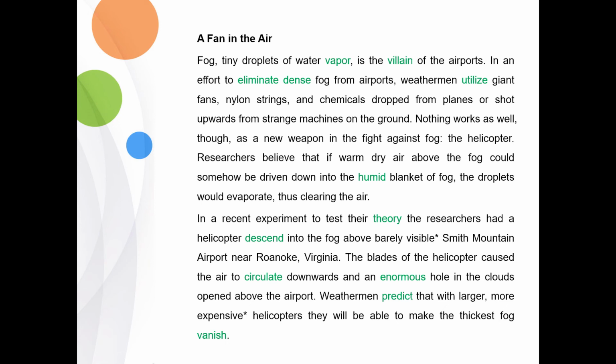Nothing works as well, though, as a new weapon in the fight against fog. The helicopter researchers believe that if warm, dry air above the fog could somehow be driven down into the humid blanket of fog, the droplets would evaporate, thus clearing the air.